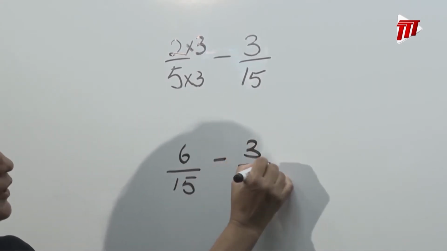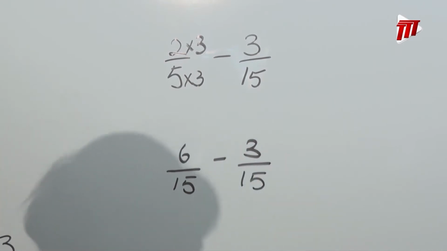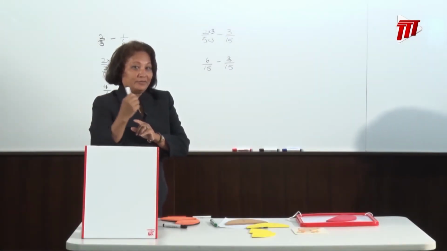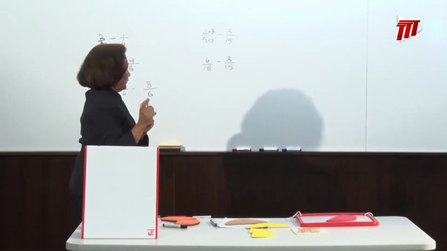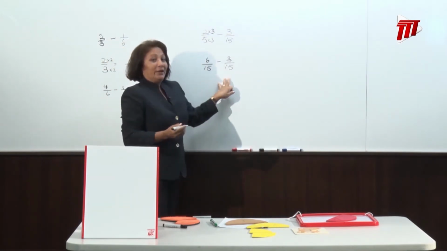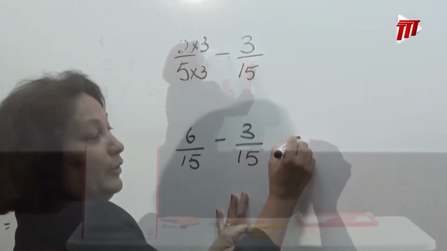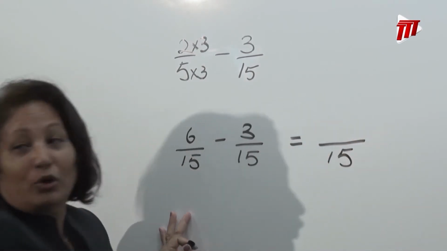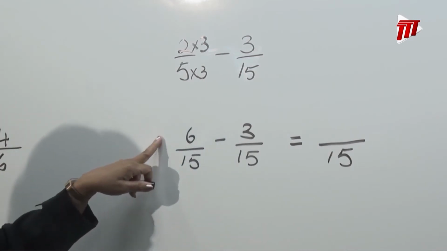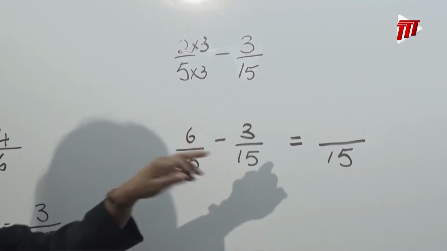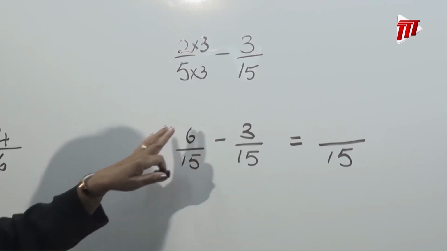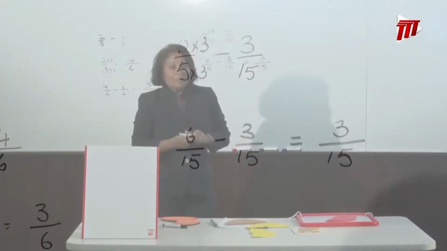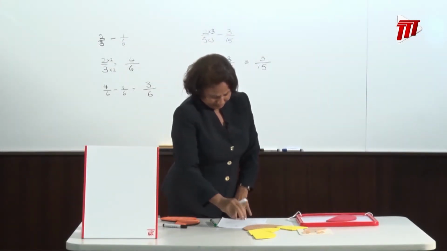And we're subtracting 3/15. Checking now, are the denominators the same? Good, right? You're getting the hang of it. So if the denominators are the same, what would the answer denominator be? Excellent. It would be the same as what you had before. The numerator, therefore, would be the difference of these two. So 6 minus 3 would give me an answer of 3/15. All right?